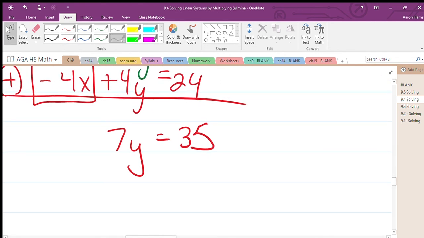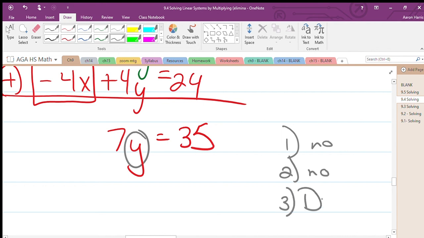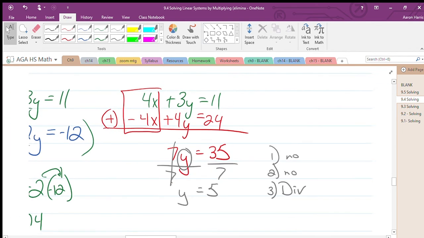Look at that. Canceled out everything. Now I do the 4 steps to solve for y. Nothing to do for the first step. Nothing to do for the second step. Third step, I'm going to divide by 7. Divide by 7. y is equal to 5.